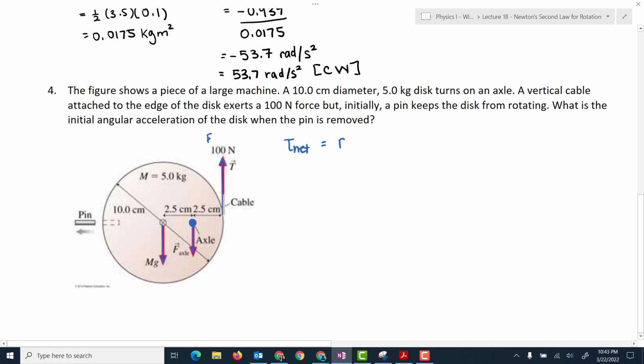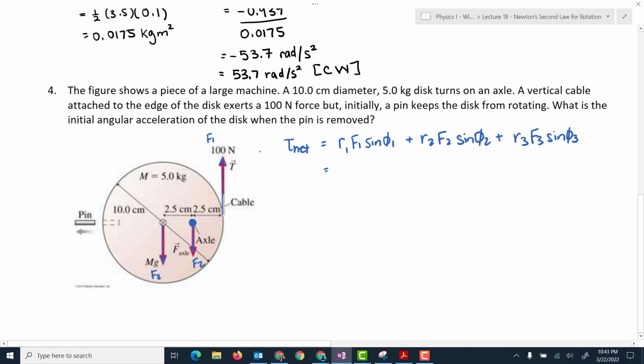I'll call this one F1, this one F2, and this one F3, just so we can number them. So we have R1 F1 sine phi 1 plus R2 F2 sine phi 2 plus R3 F3 sine phi 3. Okay, so let's find all of them.